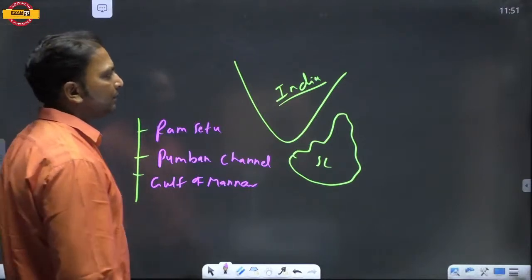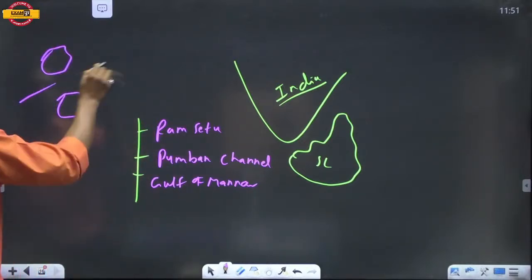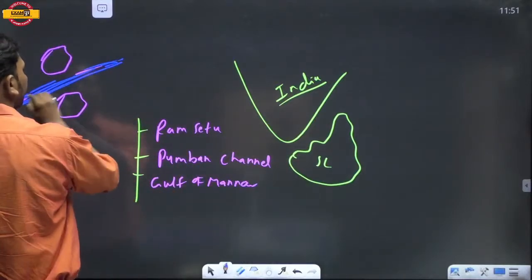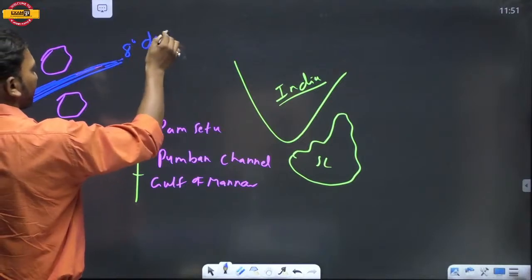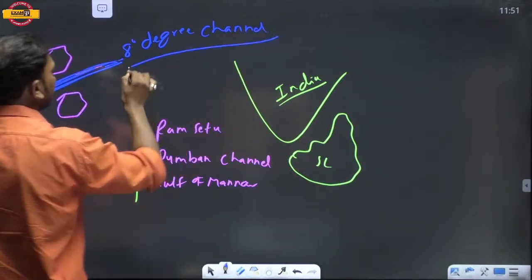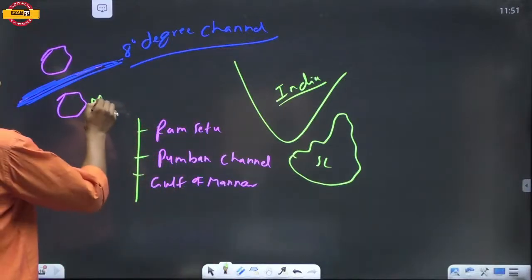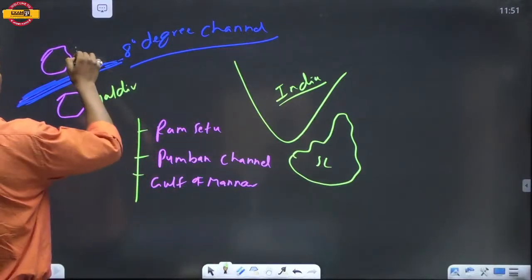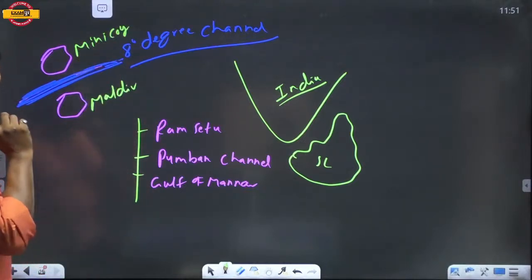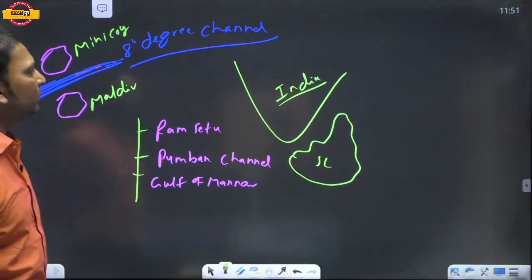Okay, how is the Maldives separated from India? The Maldives is separated by the Eight Degree Channel. The Eight Degree Channel separates the Maldives from Minicoy, which is a part of Lakshadweep.